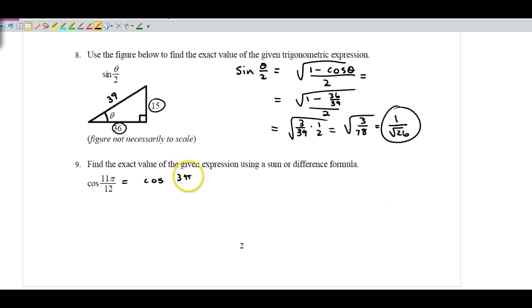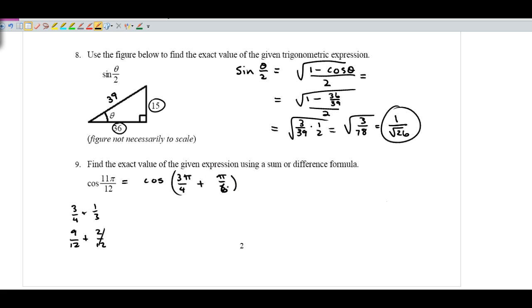3 pi over 4 plus pi over 3, I think. So what's 3/4 plus 1/3? This is 9/12 plus 2/12, which is actually pi over 6. So this is going to be pi over 6.